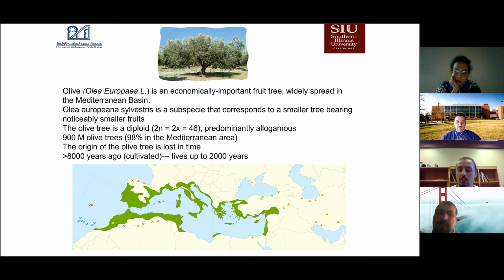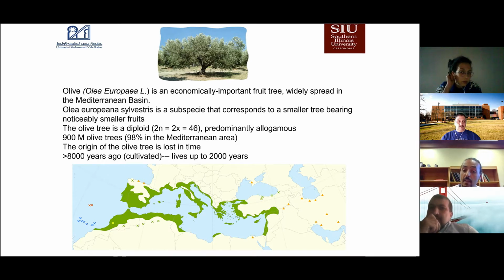Nobody could give us a snapshot of the history of olives. But recently, with the genomic era, with the utilization of sequencing and bioinformatics, we started getting the dust off the origin of olive trees.